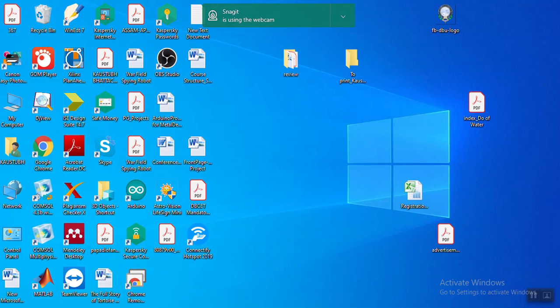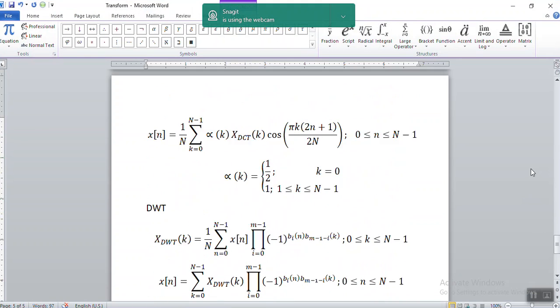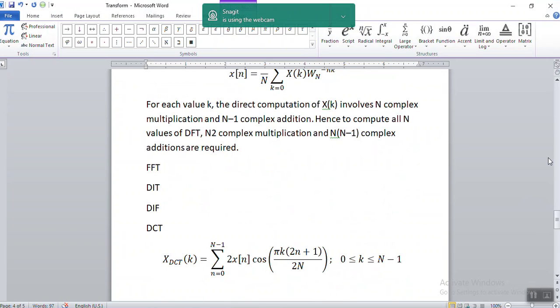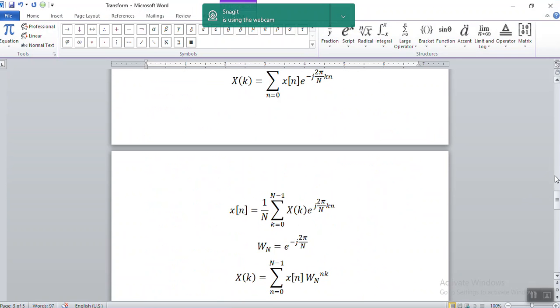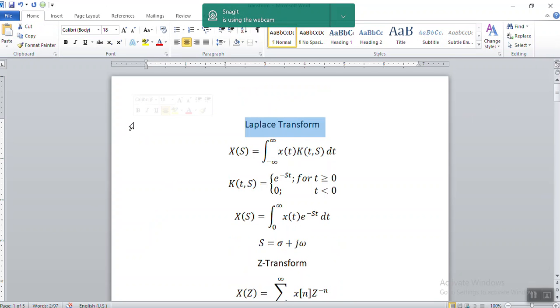So, to start with, any kind of transformation in the case of an analog system or a continuous time system starts with the concept of integral transform.